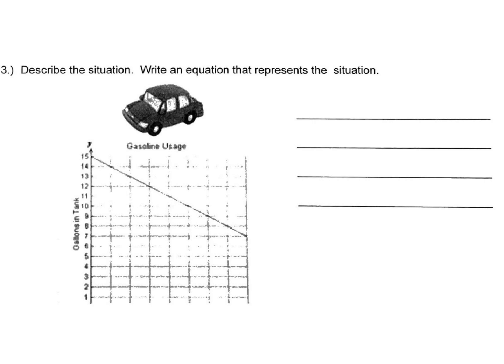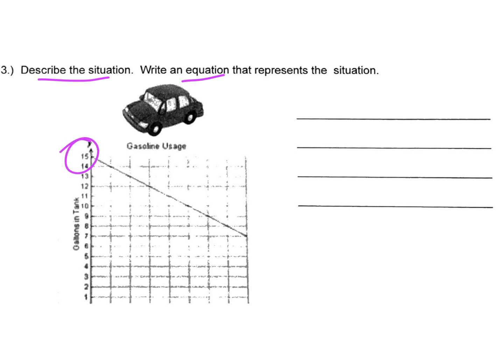Okay, for the next one, I have to describe a situation that goes along with this graph and write the equation. So let's look at the graph first. We know it's gasoline usage and it's gallons in the tank. I'm sure you guys have been on road trips or something.